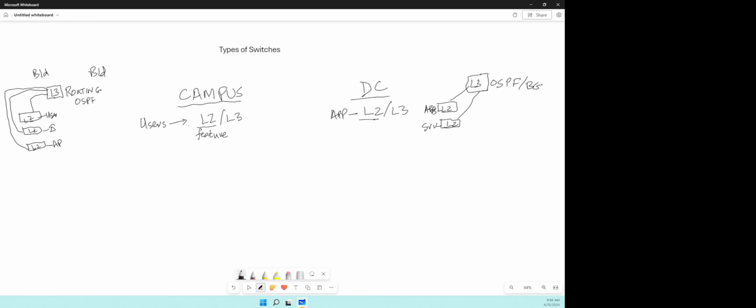Could be OSPF, could be BGP. Most likely the data center L3 would have a lot more L3 capabilities than a campus L3. So there is one major difference.